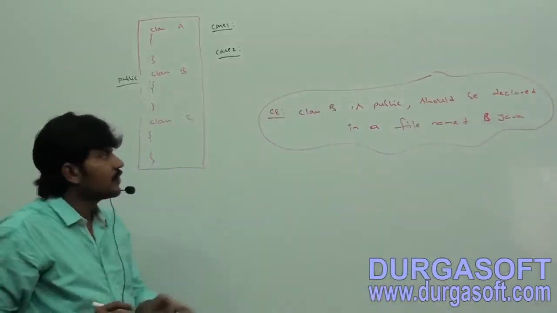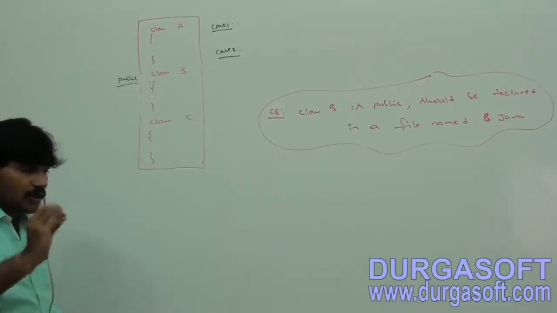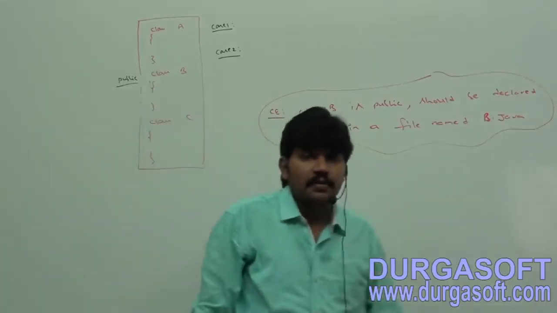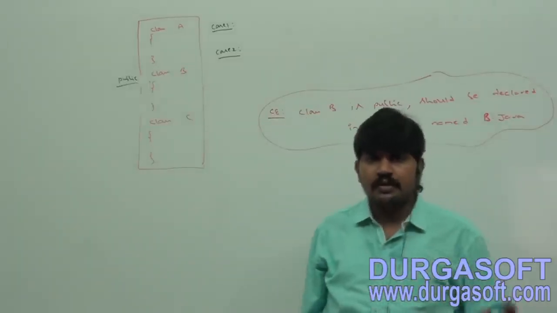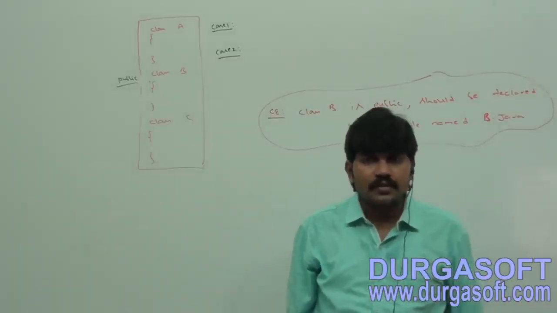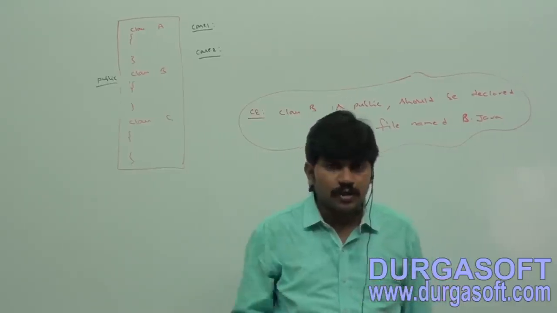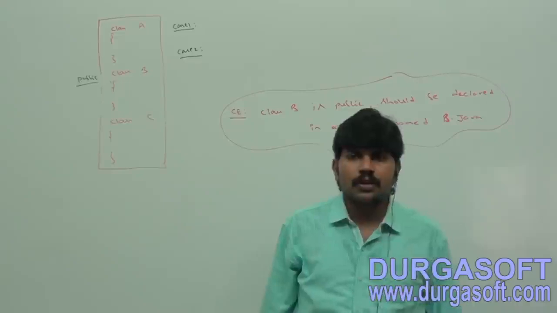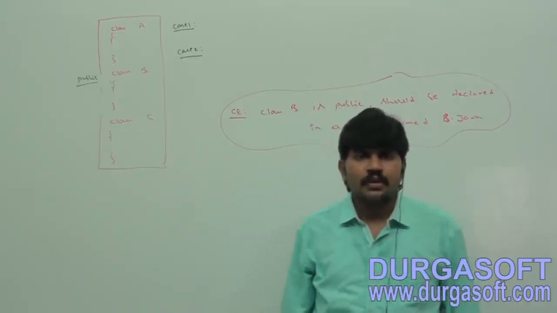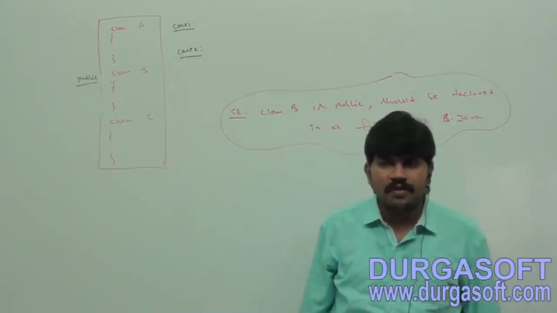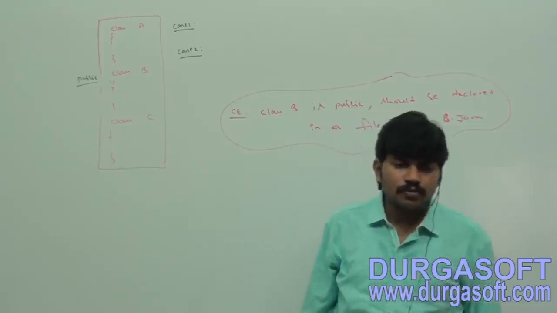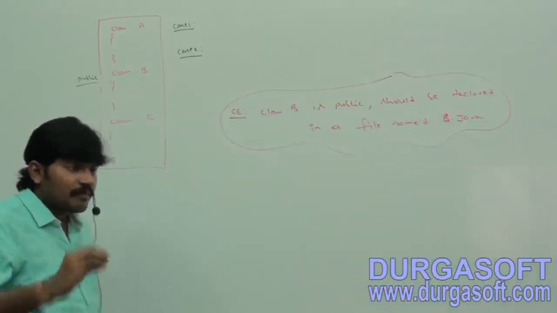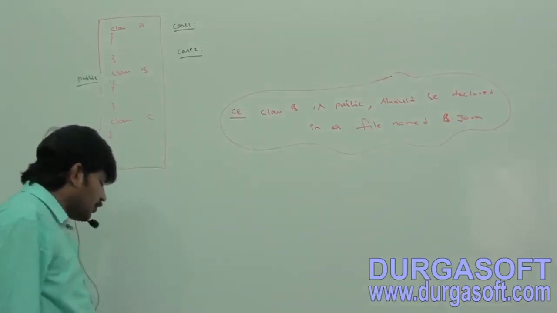Add case 2. If class B is public, then the name of the program should be B.java.